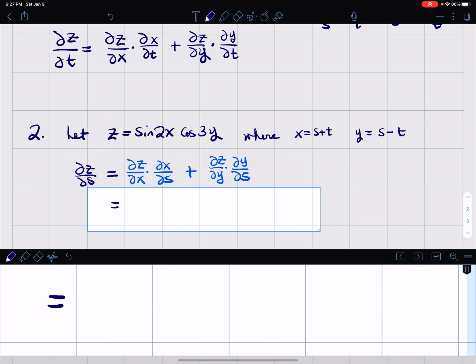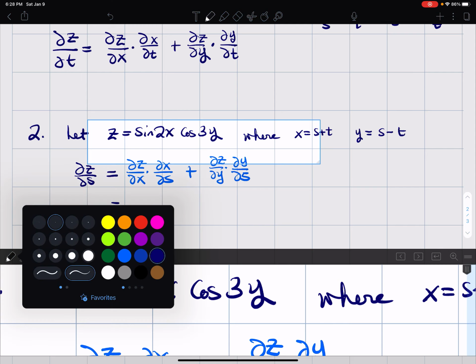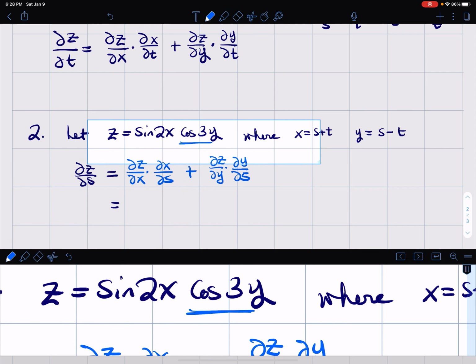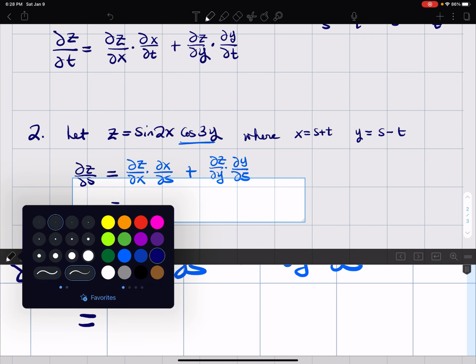dz dx, partial with respect to x. If we're taking the derivative with respect to x, then cosine 3y is a constant, so we treat it like the constant that it is.